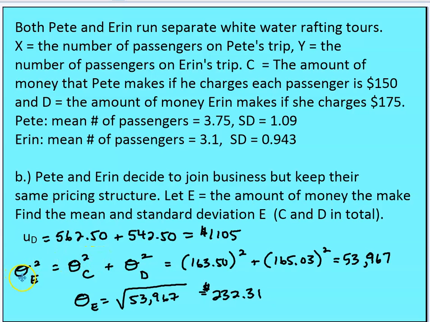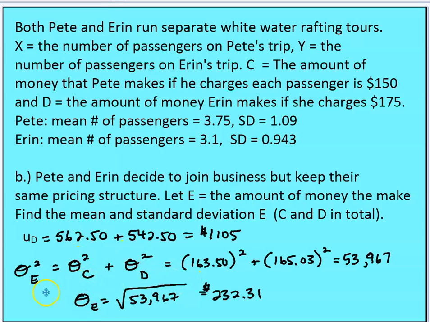The variance of the total is the square of the standard deviation for Pete and the squared value of the standard deviation for Aaron. And then we're going to find the standard deviation by taking the square root of the sum of the variances.